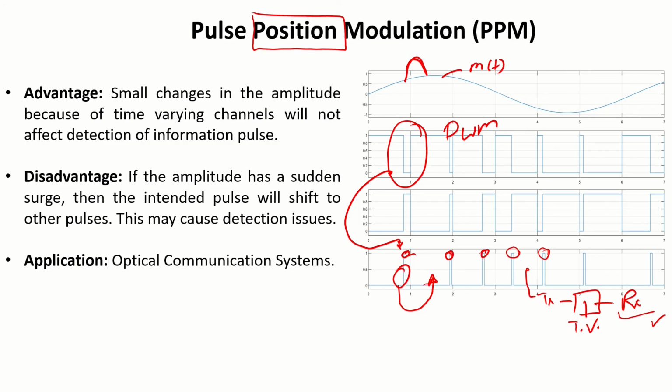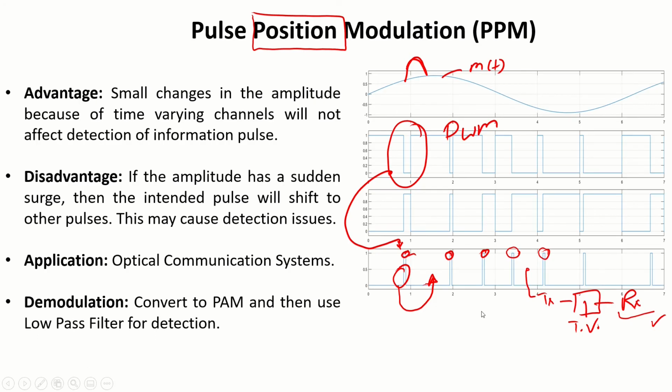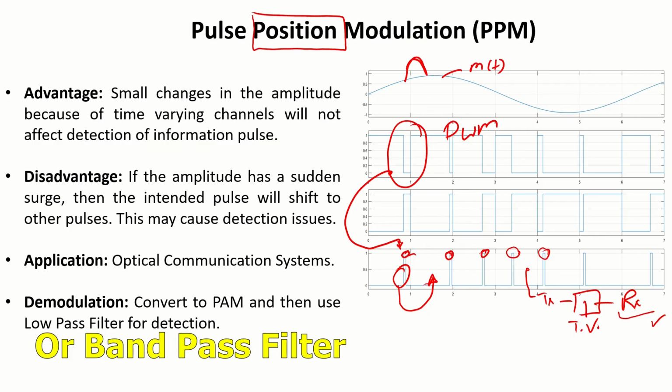An application of pulse position modulation is in fiber optics and optical communication networks. Moreover, for the demodulation of PPM, we convert the PPM to a PAM signal, and then use a low pass filter for the detection of the message signal in some form.